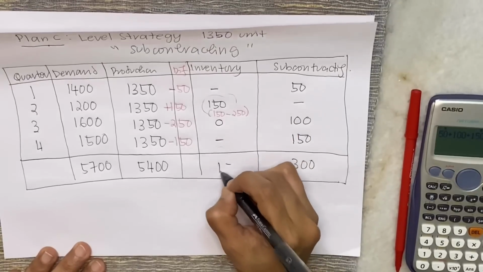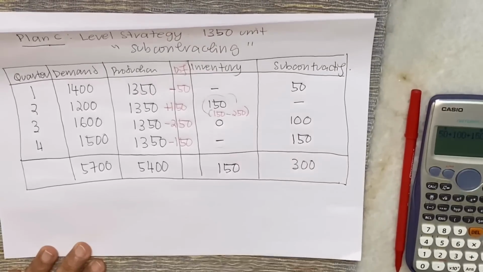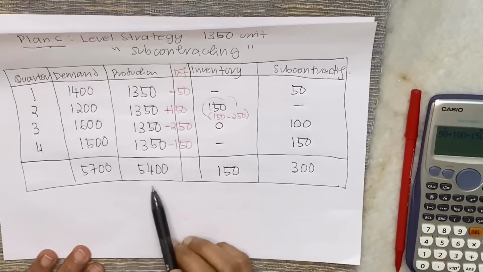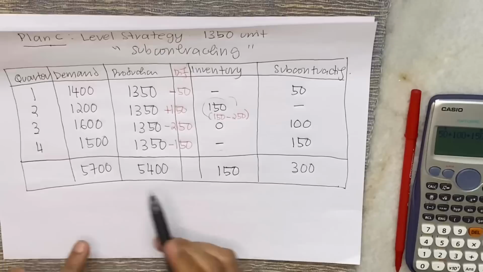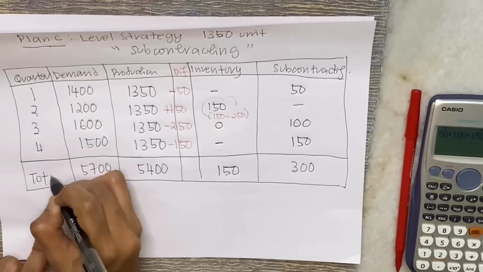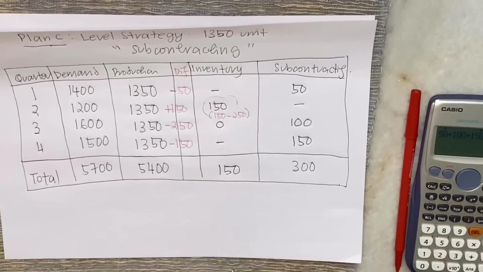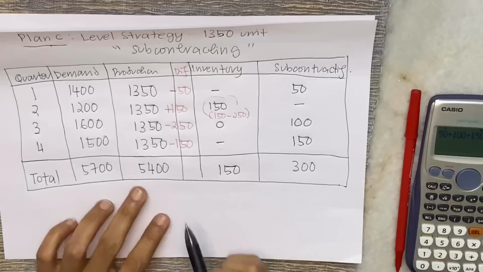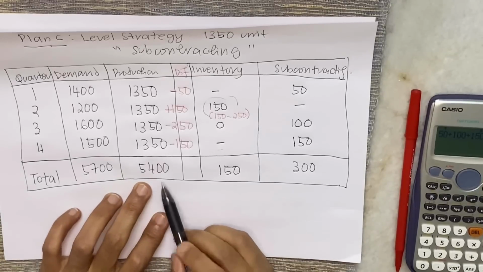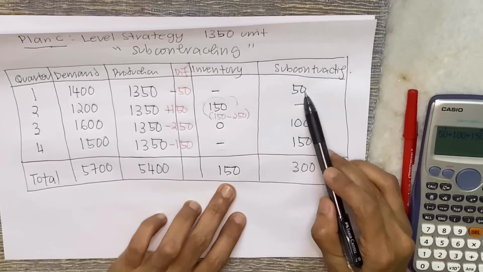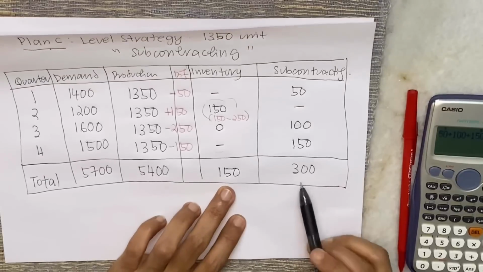So, we got the demand, 5700. We got the production. How to get the production tu? Daripada total. So, 1350 times 4, 5400. So 150 daripada inventory ambil. So 50 campur 100 campur 150, we got 300.